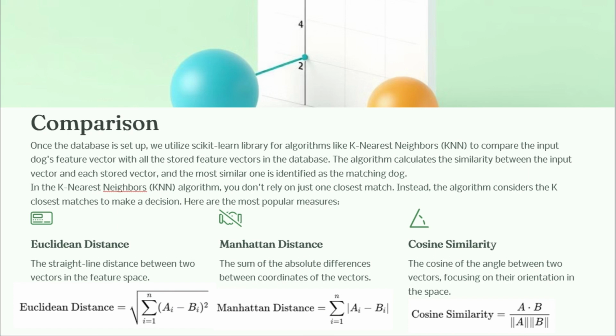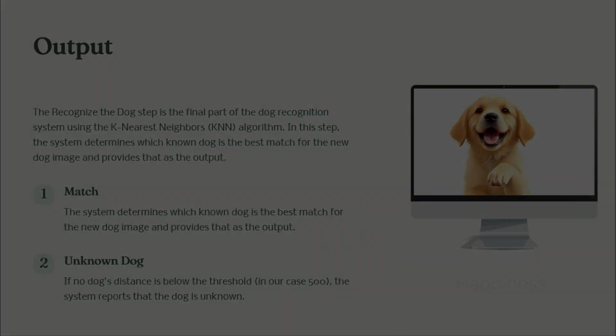It doesn't just look for the closest match. Instead, it considers the closest neighbors to make a decision. For instance, if k equals 3, the system will check the 3 closest matches, and the majority vote will decide which dog the new image most closely resembles.